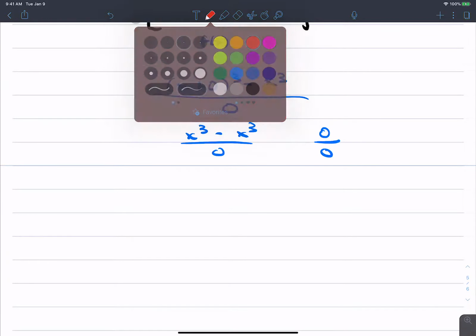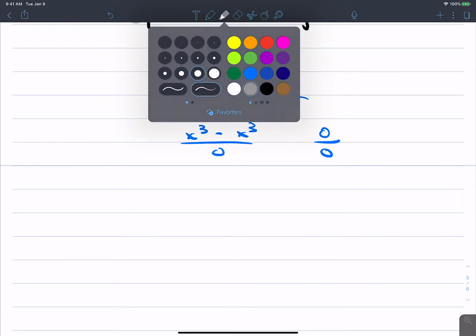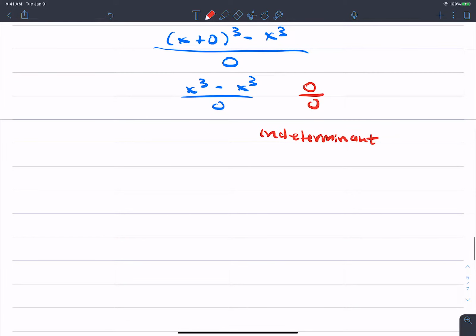And here's where we're at. Again, point being, this is indeterminate, okay? And we have to use algebra.